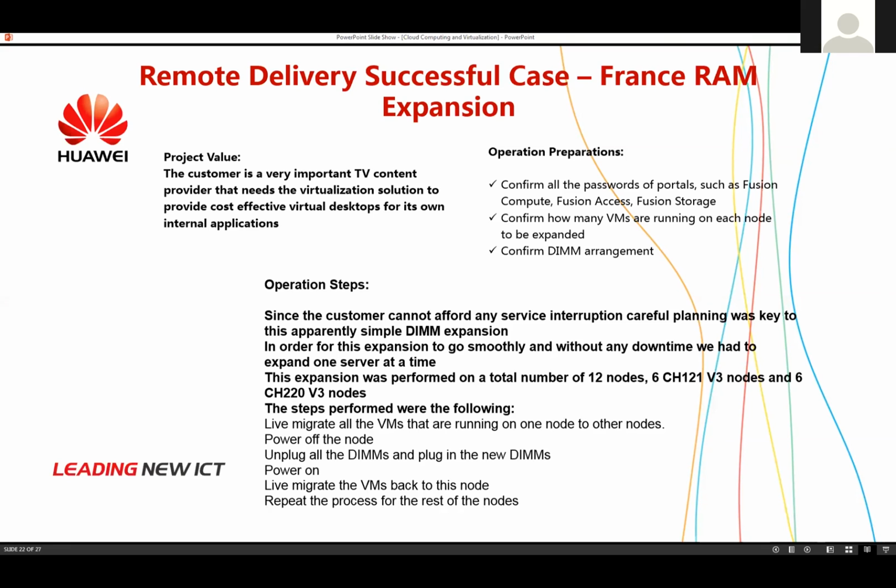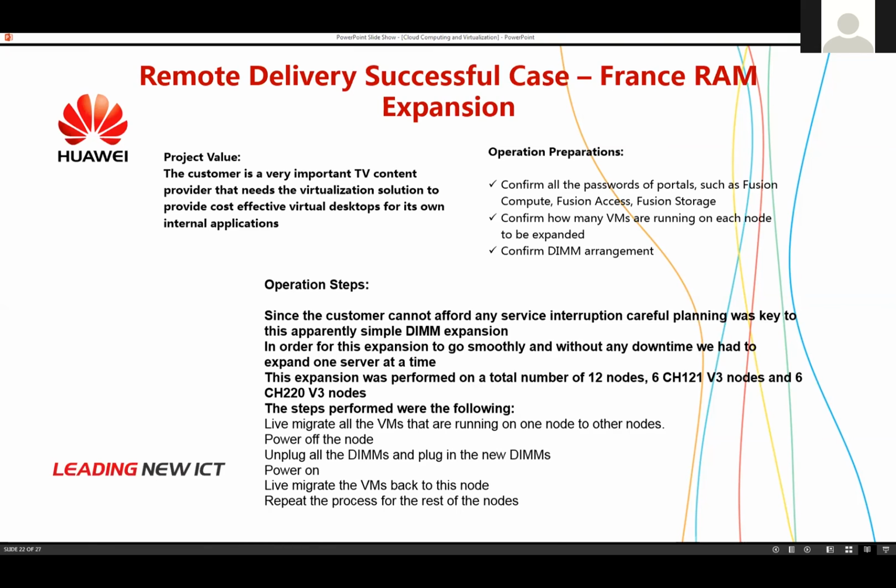And this is where, if you remember, I spoke about VM live migration, this is where VM live migration comes into play. For instance, we had 16 blade servers. We will make the operation on one server at a time. We're going to take, for example, blade 1.